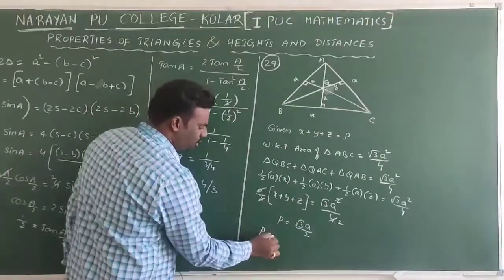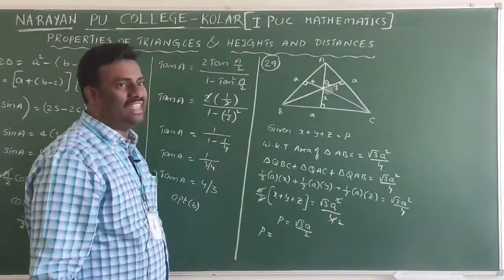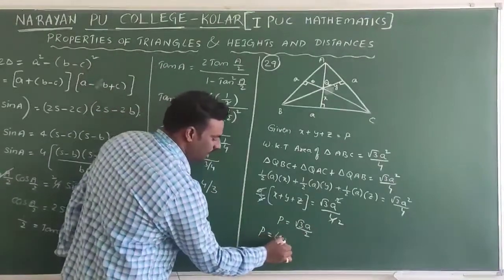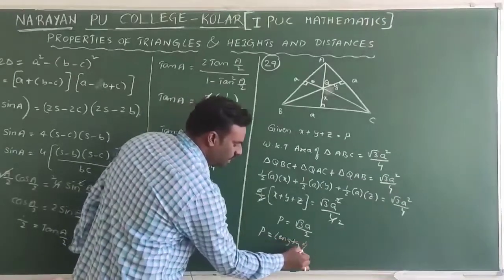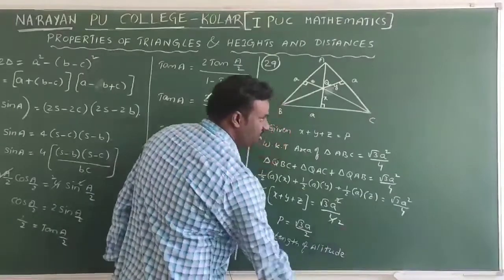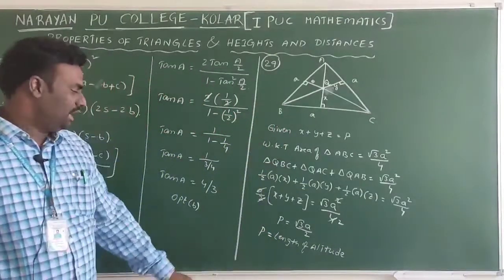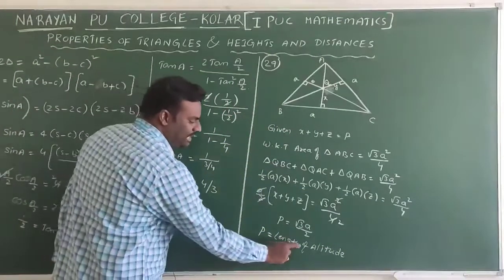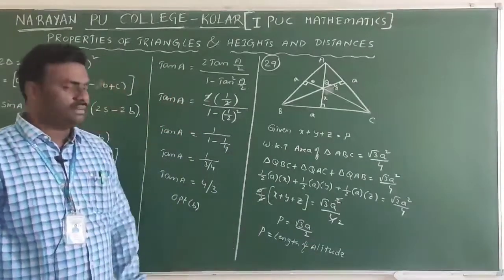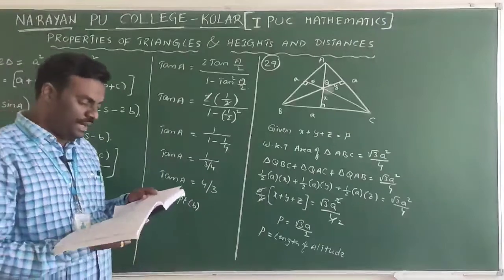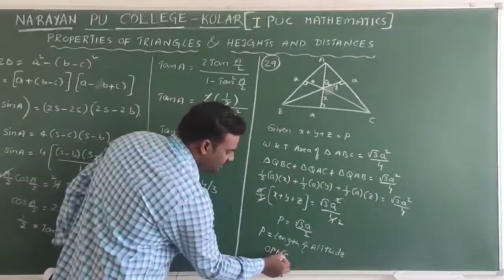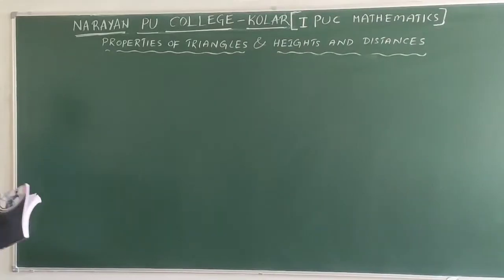Already we know root 3 a by 2 is the formula for length of altitude, that is nothing but height. In an equilateral triangle, the formula for length of altitude is root 3 a by 2. In the question they asked to find the length of altitude of the triangle. So finally, the length of altitude is P, that is nothing but option C is the correct answer. Next, question number 30.